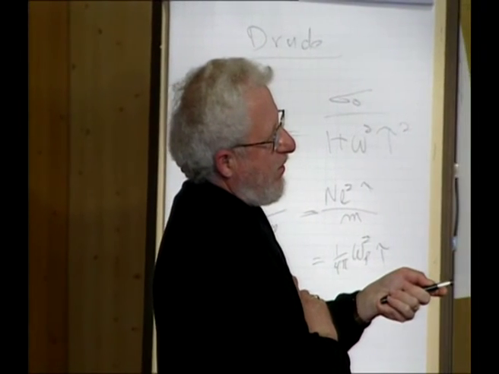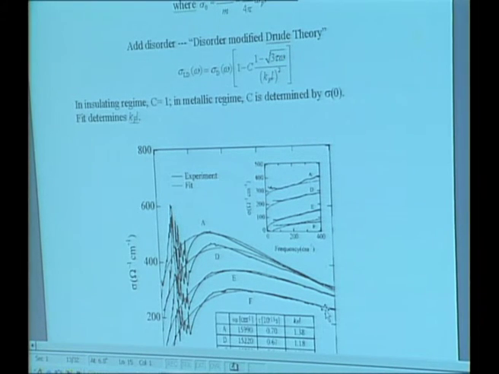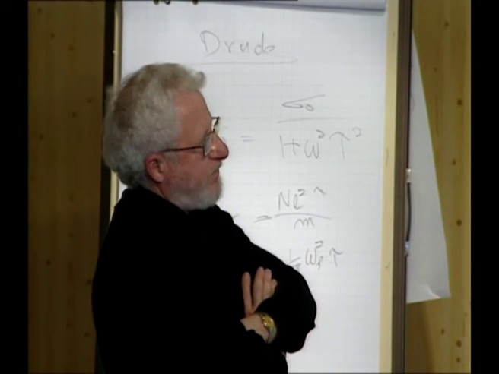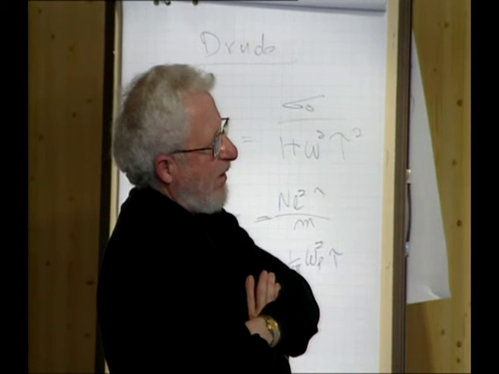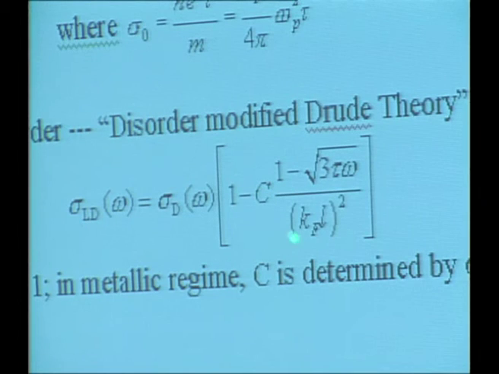This term here, as you can see, goes away as the frequency goes to 0. So at 0 frequency, this conductivity is the Drude conductivity times 1 minus some constant over KFL. Now, right at the critical point, this constant is such that the conductivity is 0.